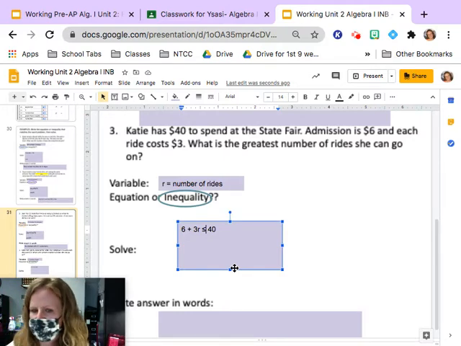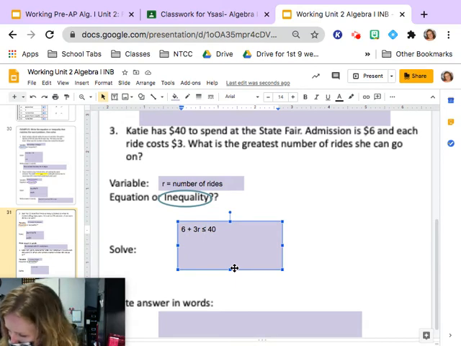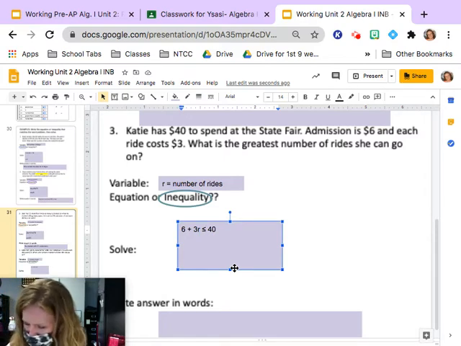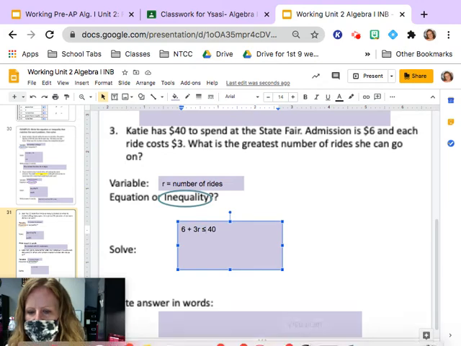Okay, so let's write this problem down and solve it. 6 plus 3R less than or equal to 40.